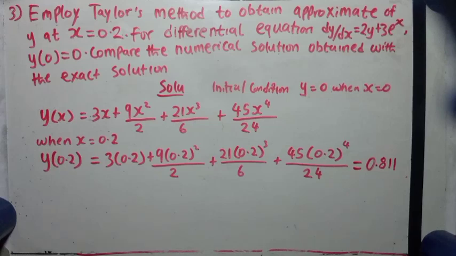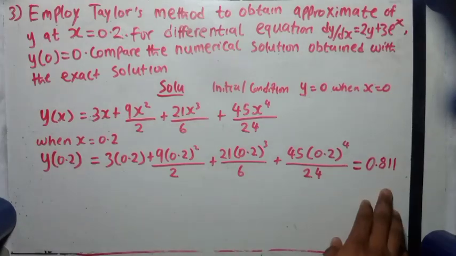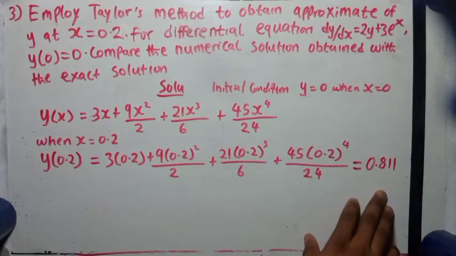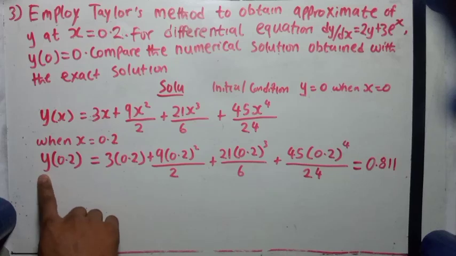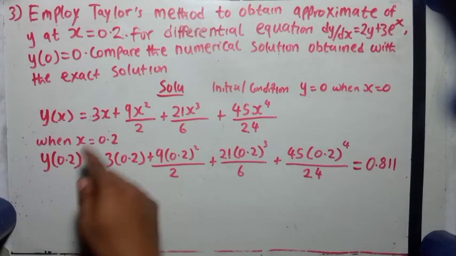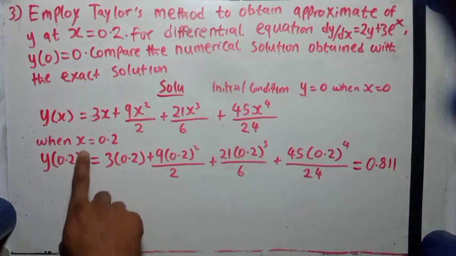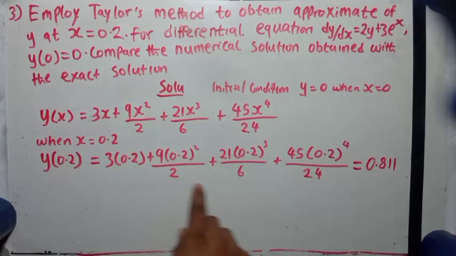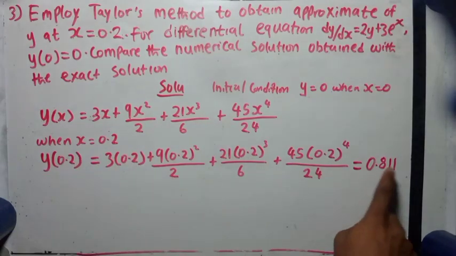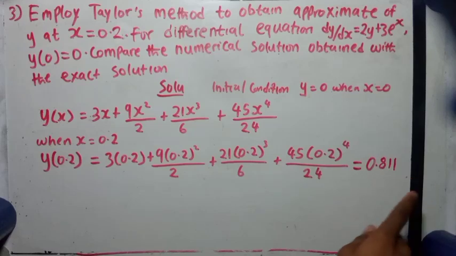It was the exact answer given to me by my calculator. So this is the answer we got when using Taylor series to get the corresponding value of y when x is 0.2.